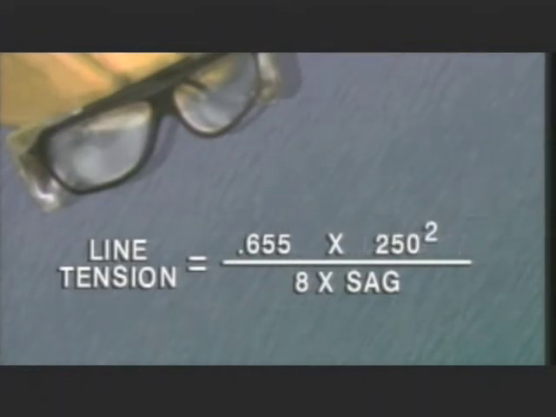The span length on either side of the corner pole is 250 feet, and the sag in each span is 6 feet. If the span lengths on either side of the pole were unequal, the sag in each span would also be unequal. Using the span length and sag from either span with the line tension formula yields the same result. Remember, line tension is the same throughout the length of a given conductor.